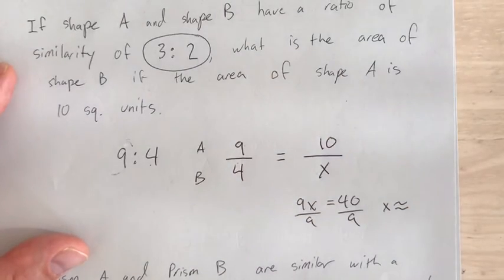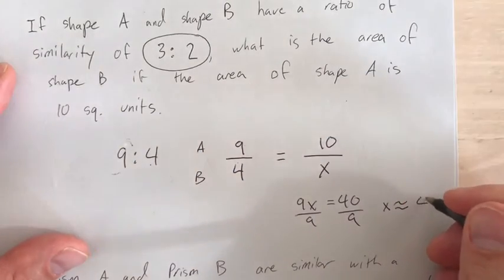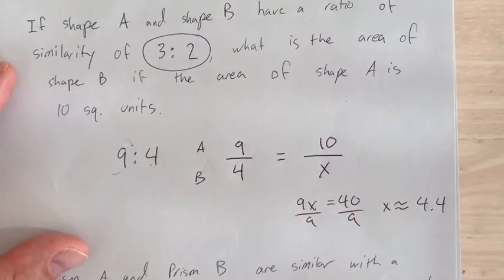So 40 divided by 9 is going to be 4.4 repeating. So 4.4 would be the answer to the area of shape B, okay? That would be it. That's how you do the problem.